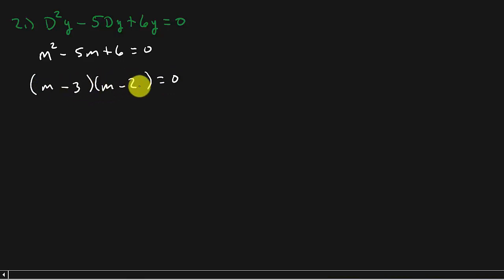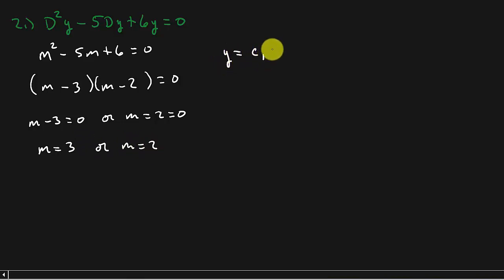That's one thing you're going to have to know how to do, which is factor, which you should know how to do by now. So m minus 3 equals 0, or m minus 2 equals 0. So I get m equals 3, or m equals 2. And then we just plug it in. So we get y equals c1 e to the m1.